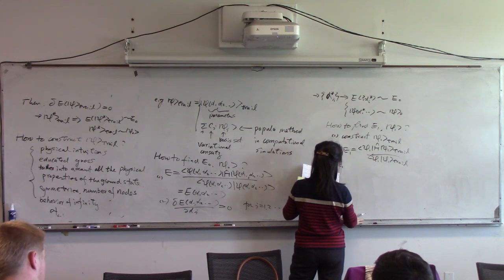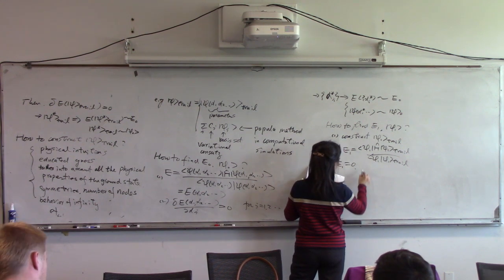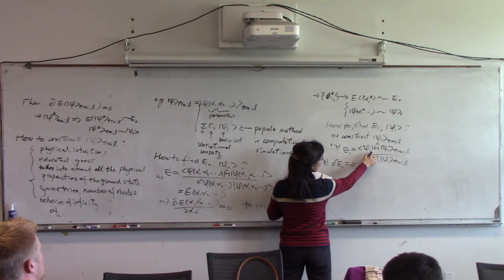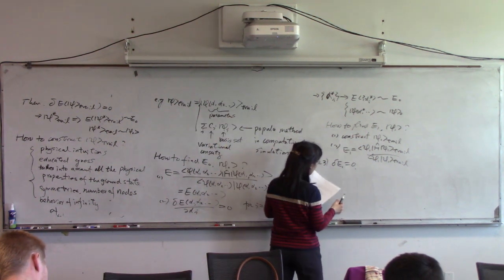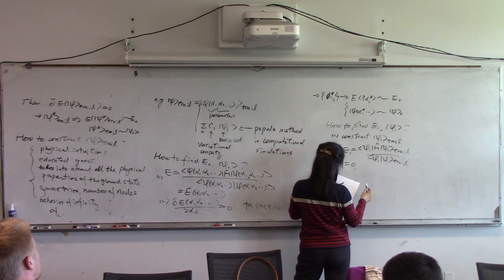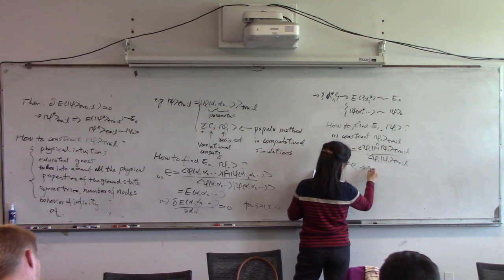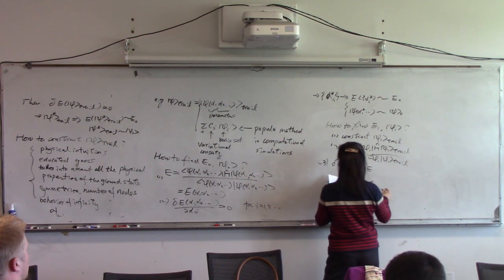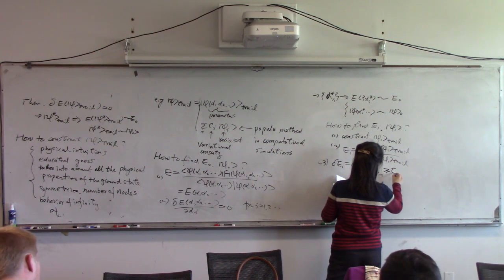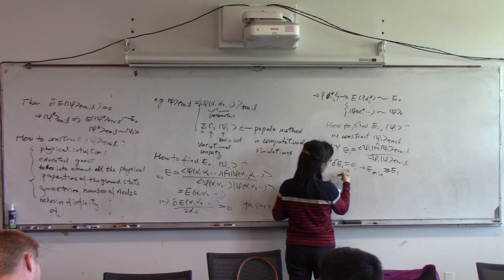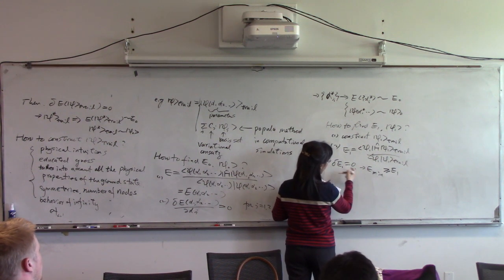Just set this equal to 0. Then this function is a different group of parameters. Then you have this energy. Your obtained minimized energy is larger than or equal to E1. Then this gives us the minimized energy, right?